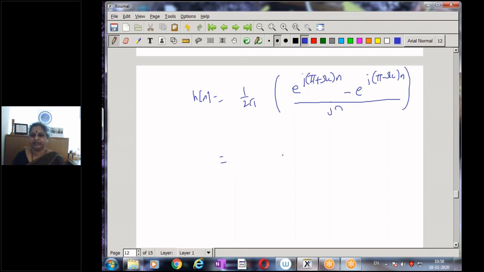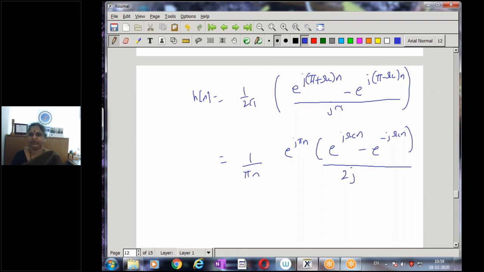And this can be, with a little bit of rearrangement, 1 by pi n, and I can take e to the power of j n pi out, and then what I have is e power j omega c n minus e to the power of minus j omega c n divided by 2j.